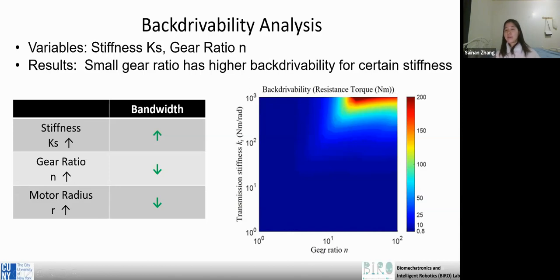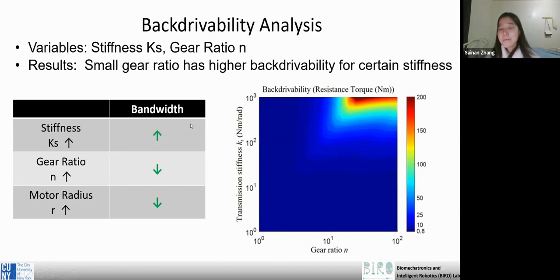So for the gear ratio, for example, if the gear ratio is 100 and the stiffness is large, the bandwidth will be better. And if the gear ratio is 0 and the stiffness is large, the resistance torque will be small.